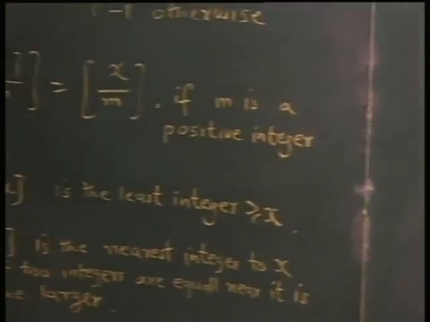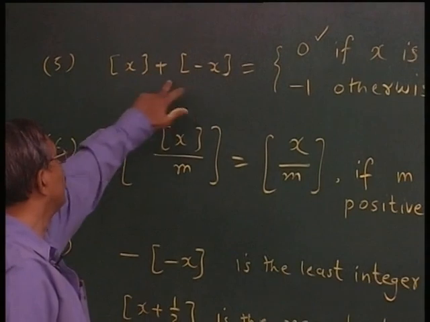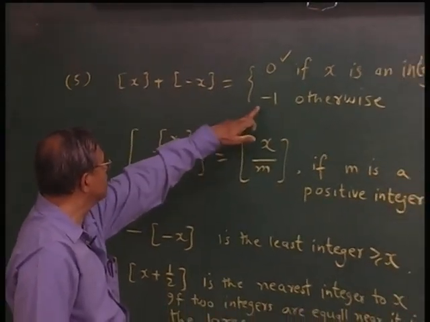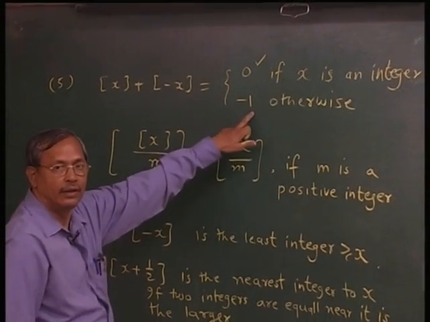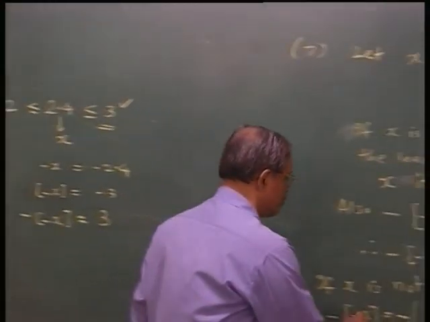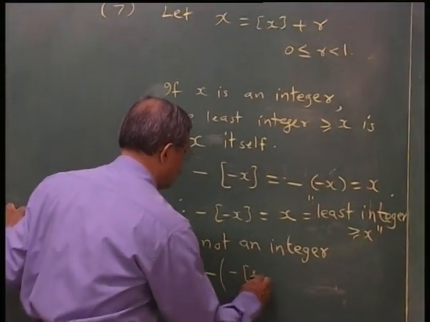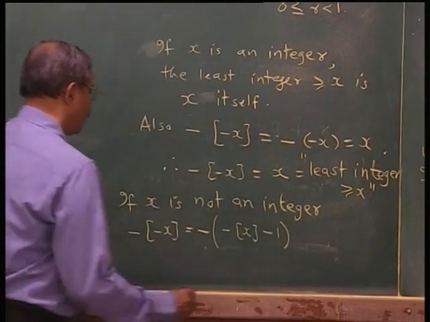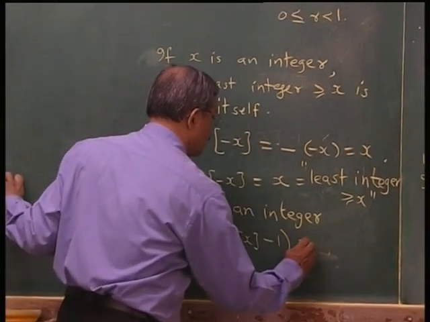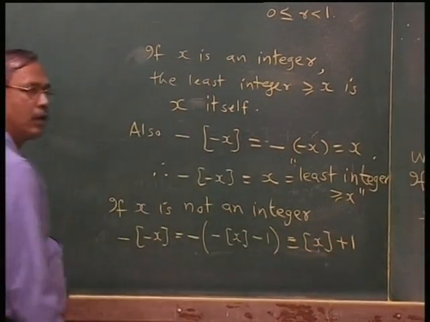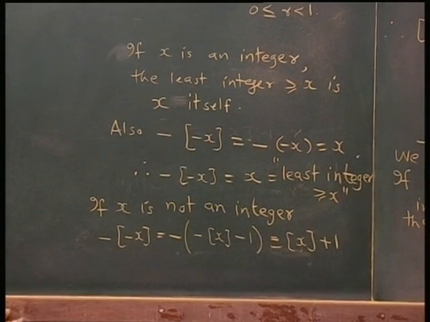We already have done in this property, that if x is not an integer, then this is minus of integral part of x minus 1. So minus of integral part of minus x minus 1, which is integral part of x plus 1.